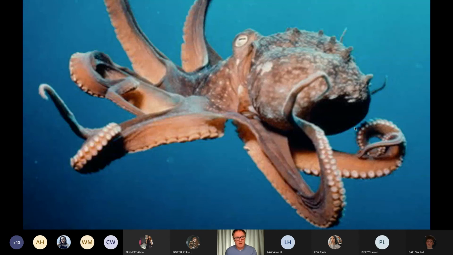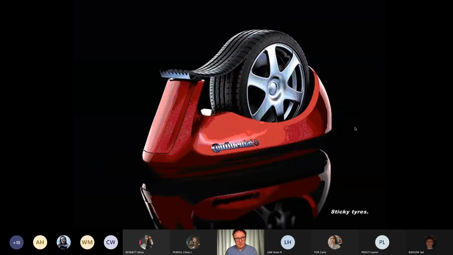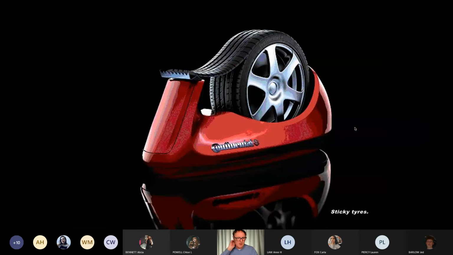So tire, sticky tire. So the tire becomes the Scotch tape. And that's actually an actual campaign called Sticky Tires for Continental tires.